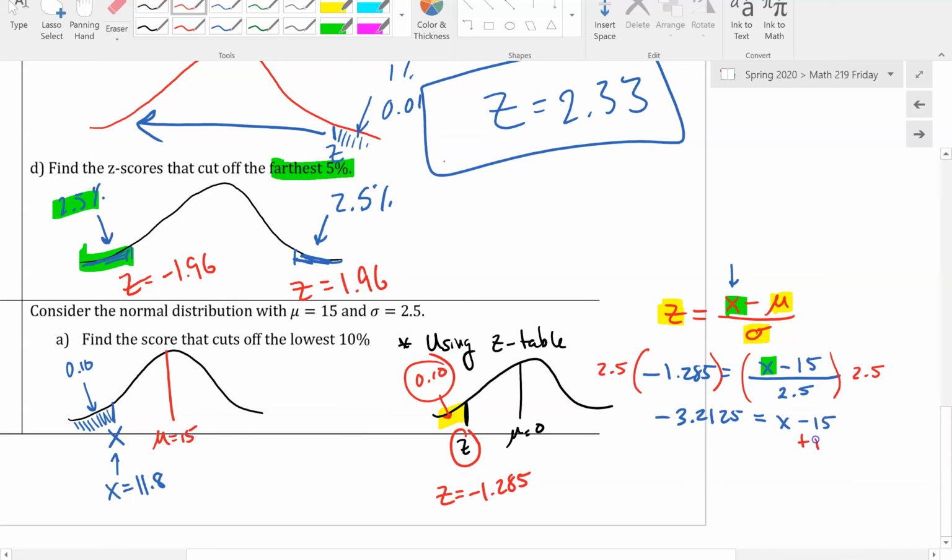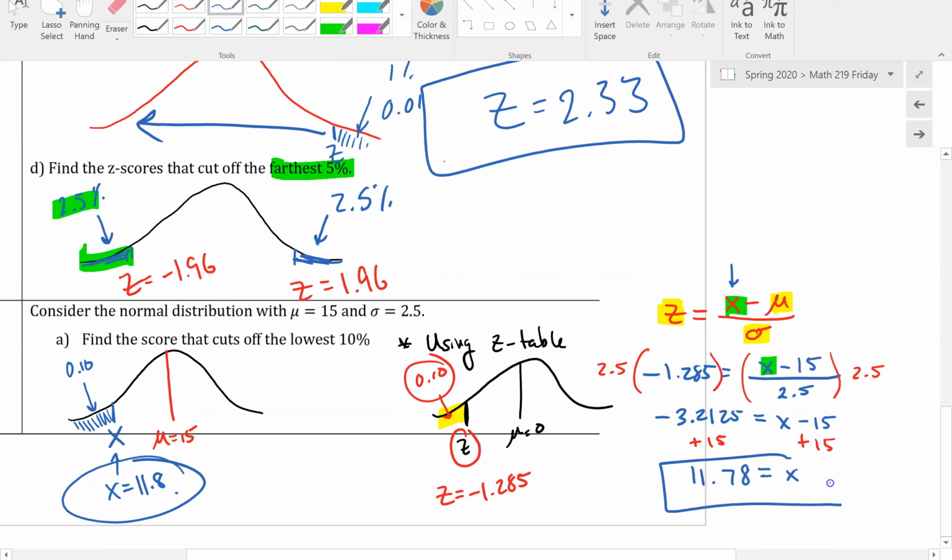And then I'll just add 15 to both sides to get X. I got 11.78, which is pretty darn close to what StatCrunch told us, which was 11.8. In fact, I rounded this answer, so they might have been even closer.